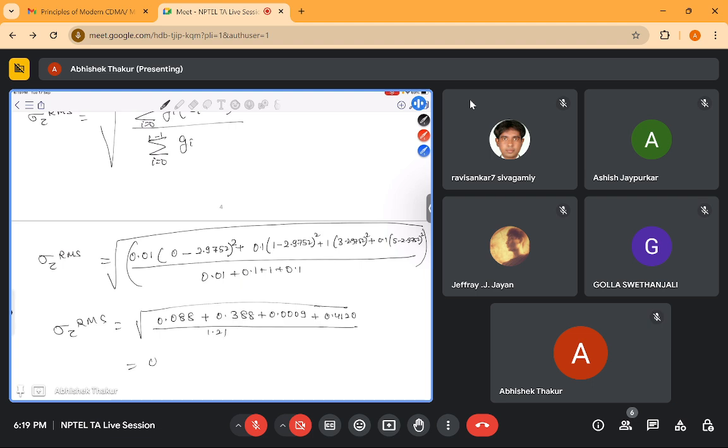So the final answer we will get is around 0.87 microsecond.